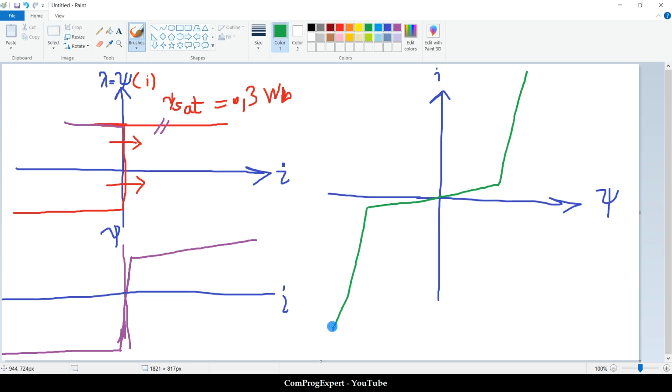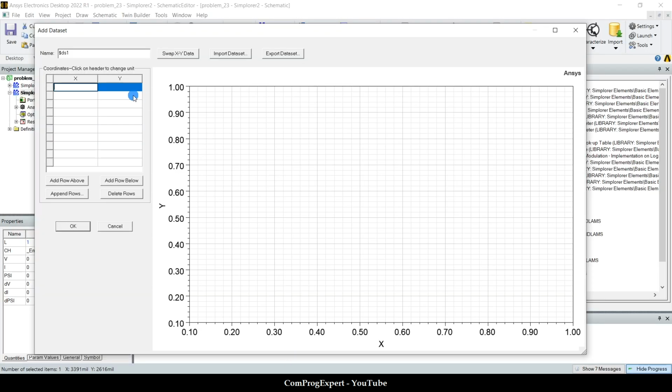A function like this. Okay. So here, this is 0.3 Weber, and this is 0.3 Weber. So we can define this when this is, for example, negative 100 or negative 1000.